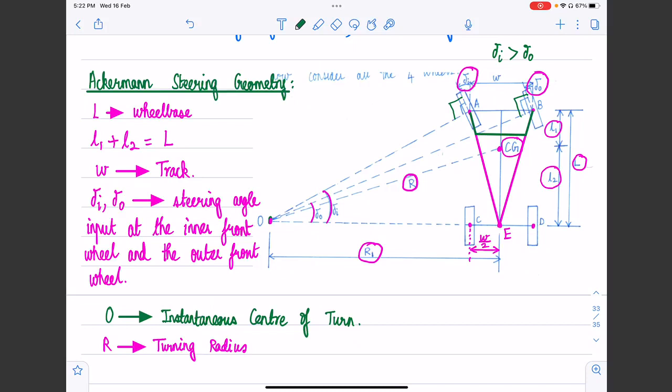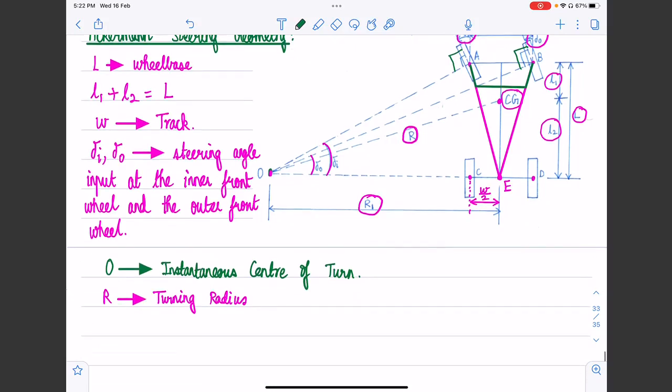Sir, can you once again explain the projection of that to the point E? I was not able to understand clearly. So the way this mechanism was visualized is the following. Suppose I draw a trapezoidal mechanism. We are going to learn about the trapezoidal mechanism in the next class. Let's say this is the line segment AB. The way this Ackermann steering geometry was postulated is that we have a four-link trapezoidal steering mechanism like this.